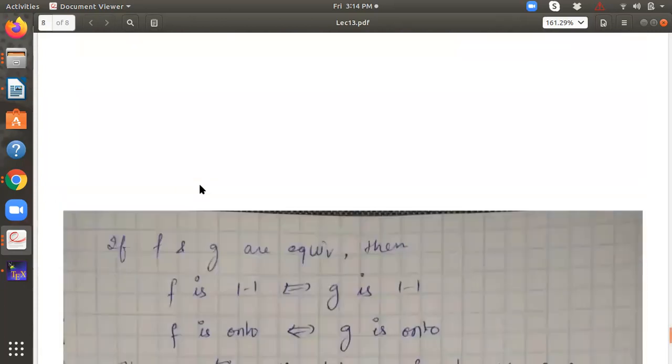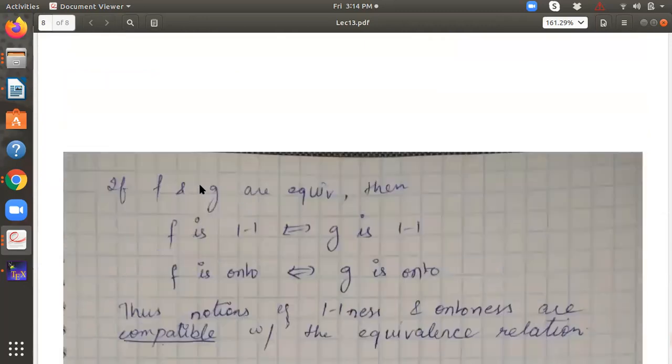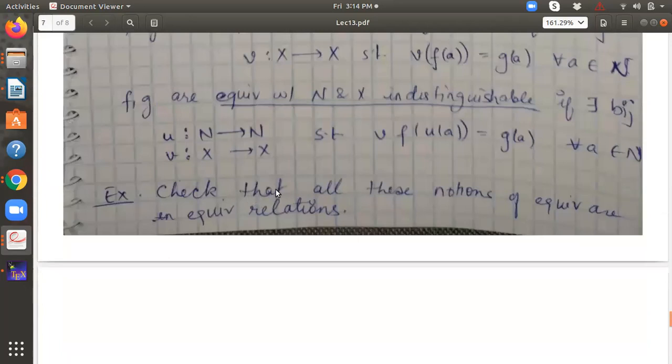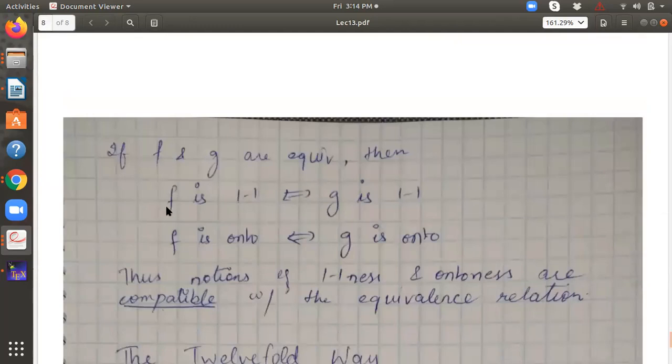Great. Now we come to the last thing. So before that, it is obvious now, once you have completed this exercise, it's quite easy to see that if a function f happens to be 1-1 and it is equivalent to another function g, then equivalence implies that one is 1-1 only when the other one is 1-1. And since it's an equivalence relation, if f is equivalent to g, g is also equivalent to f.